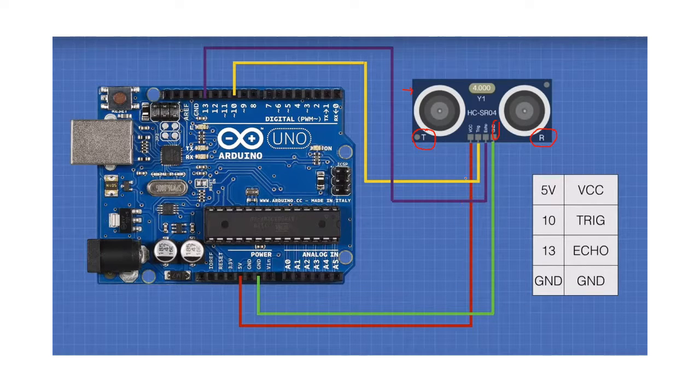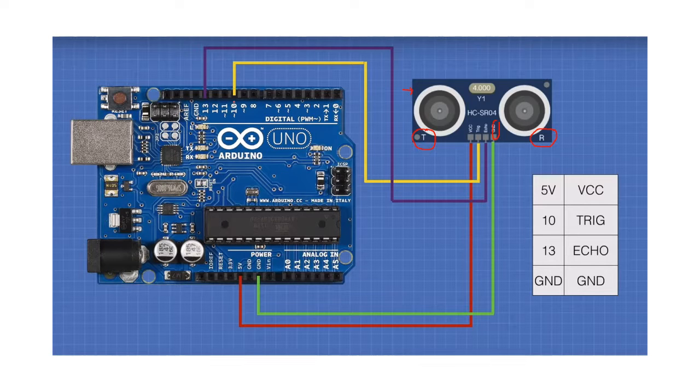And then we have the power, the VCC. V is maybe voltage in. So that one we'll put to the power, 5 volts. Then we connect the triggering to any pin.